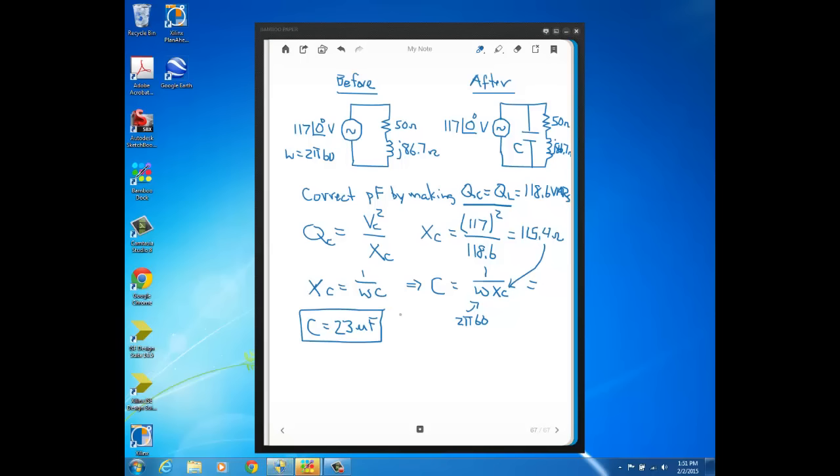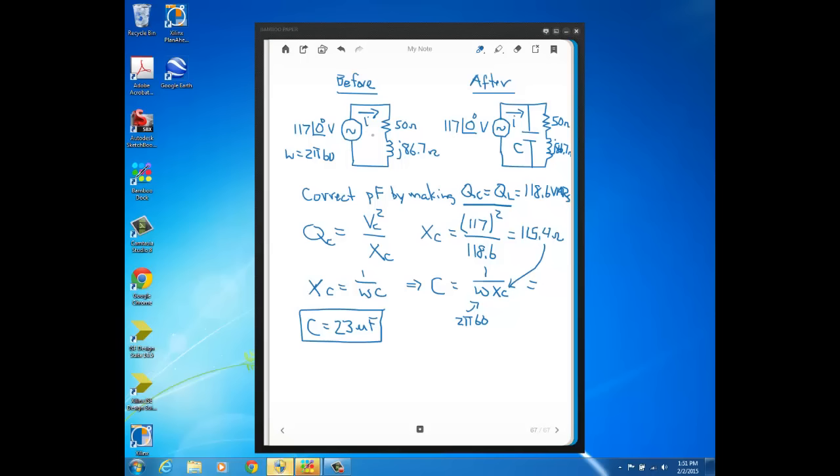Now, let's see what effect adding this power factor correction capacitor has on the current that's flowing in the line here. Okay, this is the line current. It's the current flowing between the source and the impedance.